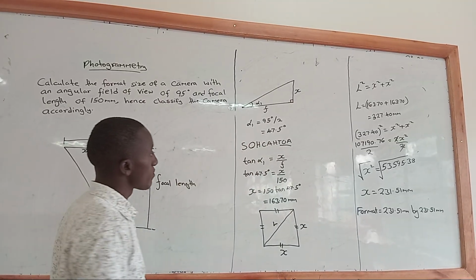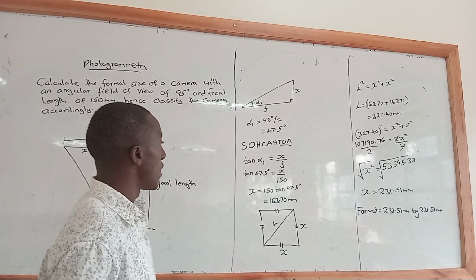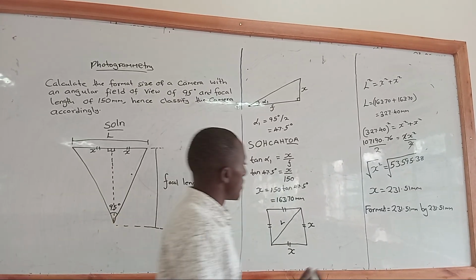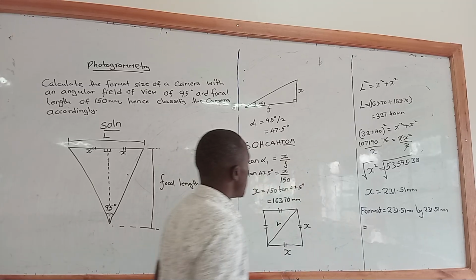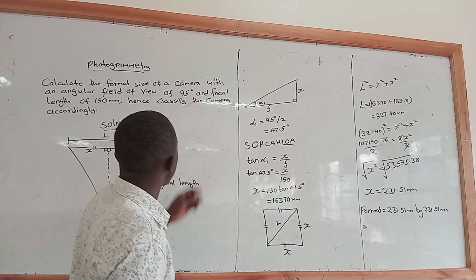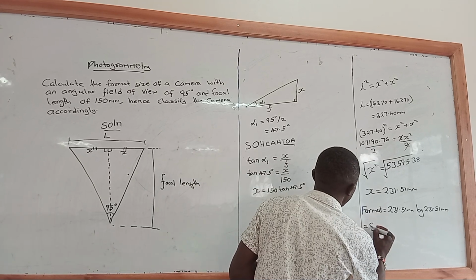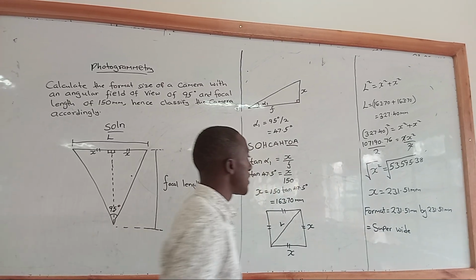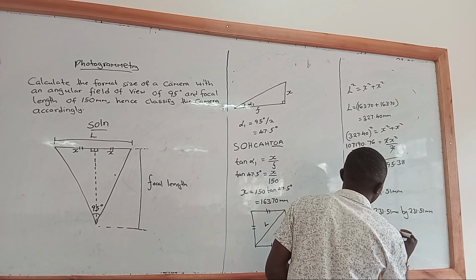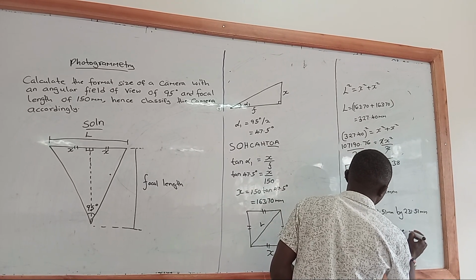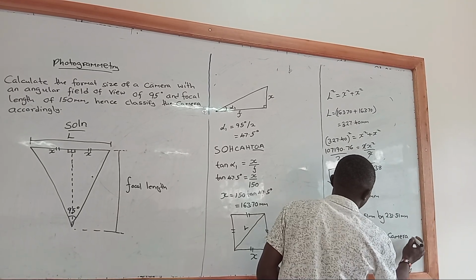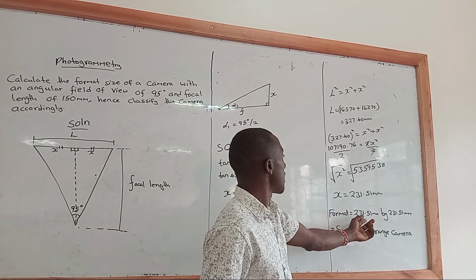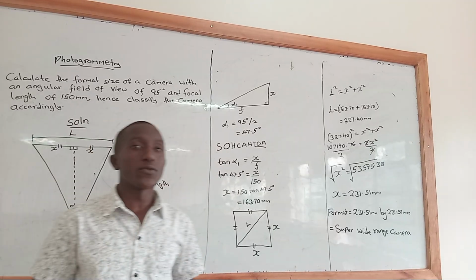So in this case, having this format and the angular field of view of 95, the camera will be a super wide range camera based on our format and the angular field of view.